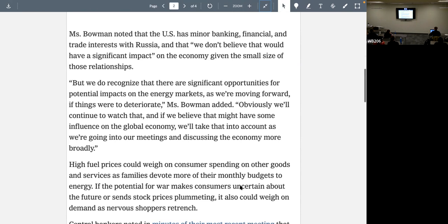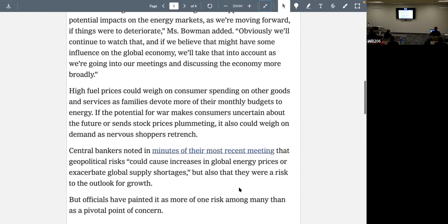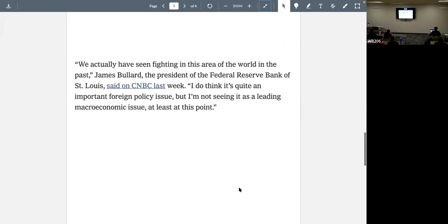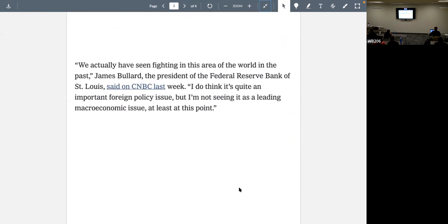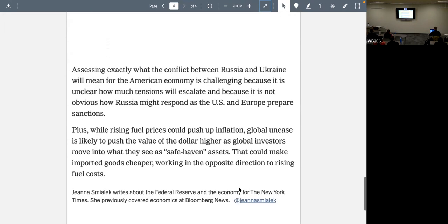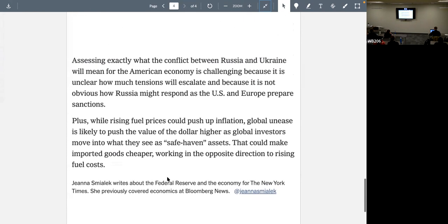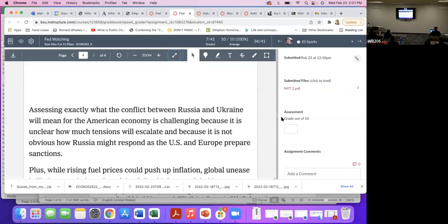During the conflict, oil and gas prices have already increased, and if they continue to increase, these higher fuel costs could lead consumers to spend more of their budget on energy. Officials have said this is one risk among many, but at least right now it's not the leading macroeconomic concern, according to James Bullard, the president of the Federal Reserve Bank of St. Louis.